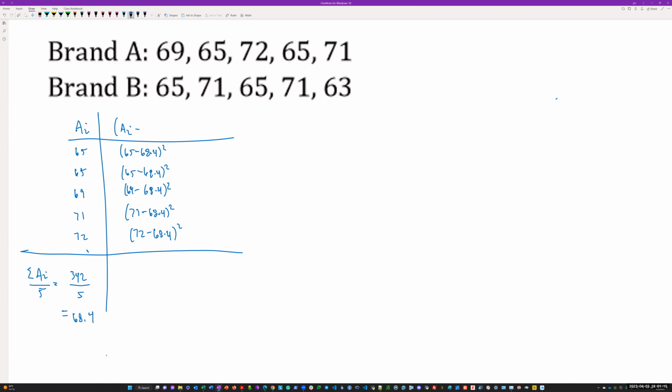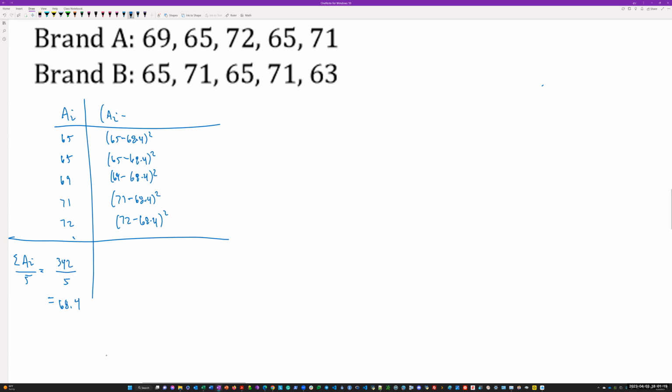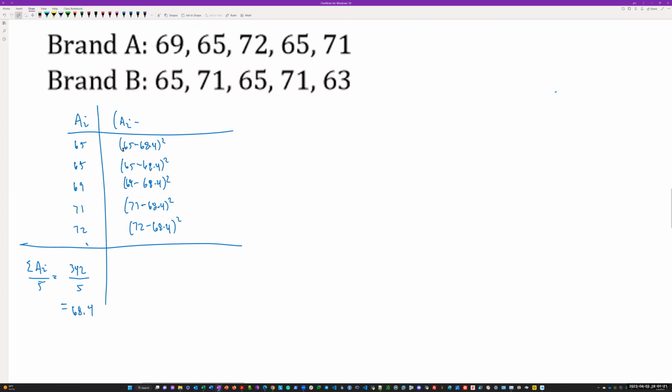Does that make sense? And you got to do all these, all right? So this is 3.4 apart, so it's 3.4 squared. Does that make sense? We get 11.56.